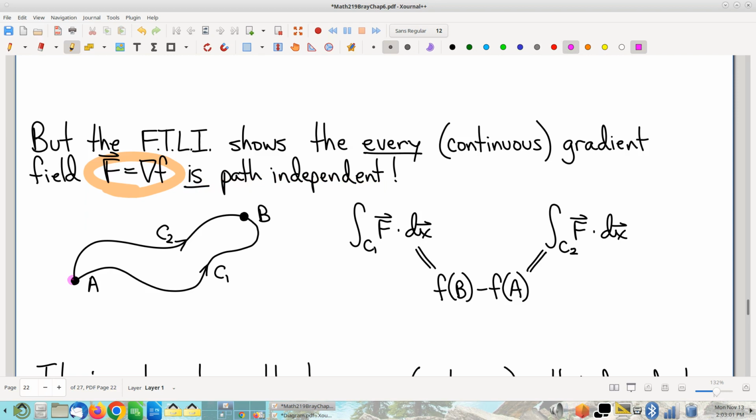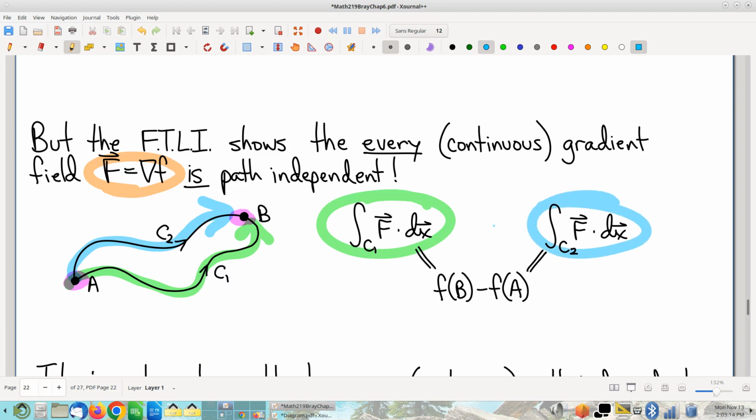Here's a common starting point, common ending point, curve 1, curve 2. We're going to compare the integral on curve 1 with the integral on curve 2. Don't really particularly expect these to be the same, but here's the thing.